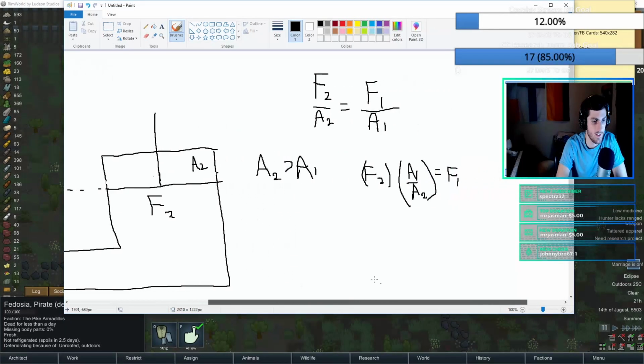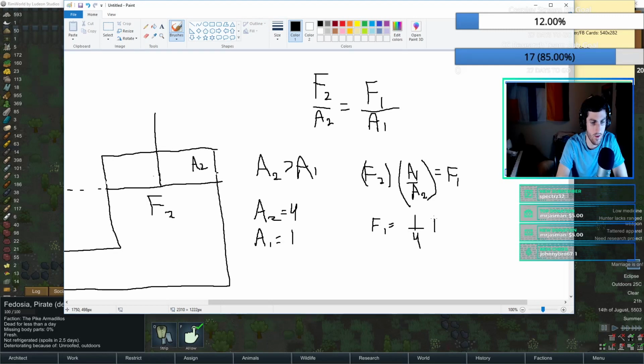So let's say that A2, for sake of argument, is 4, and A1 is 1. Don't worry about units. Okay? So that would mean that the force on face 1 is 1/4 of the force on A2.